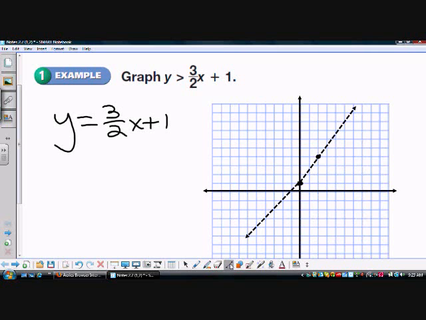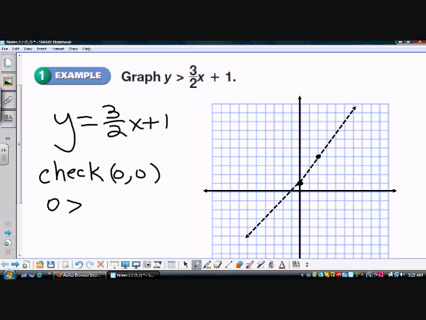But we can always algebraically check a point in the lower half of the plane or in the upper half of the plane to see if it meets our inequality. The easiest point to check is 0, 0, and my line does not go through 0, 0, so that'll be a good point to check. So I'm going to check 0, 0 in my inequality. In my original inequality, I'll put in 0 for x and y.